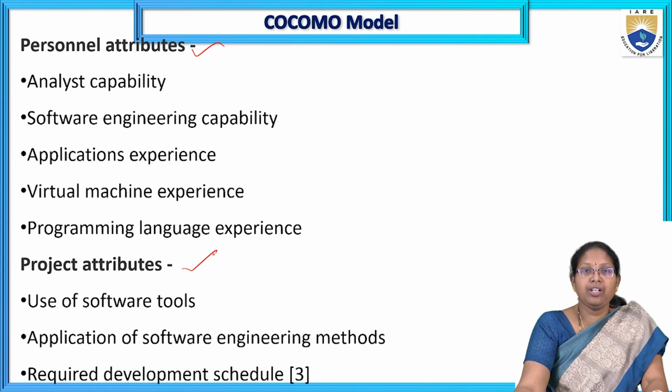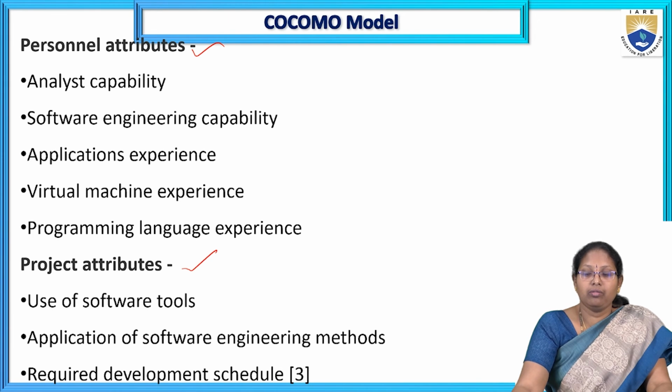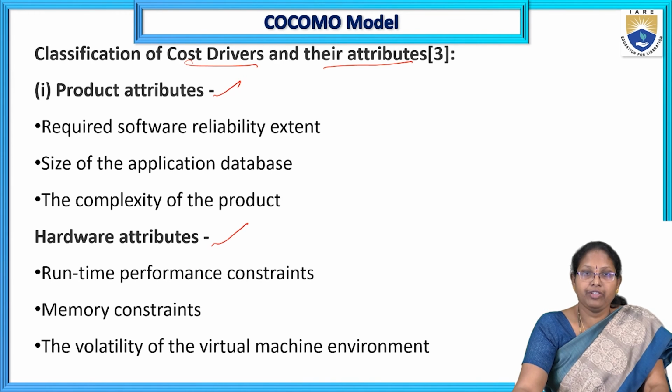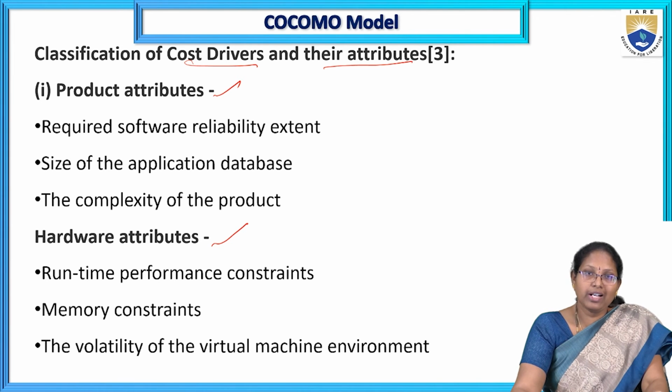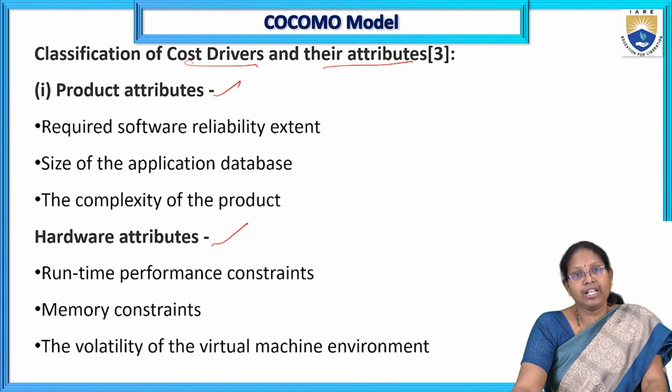These are the four categories of attributes or cost drivers. Under the four kinds, 15 attributes are taken into consideration in the calculation of the cost estimation.